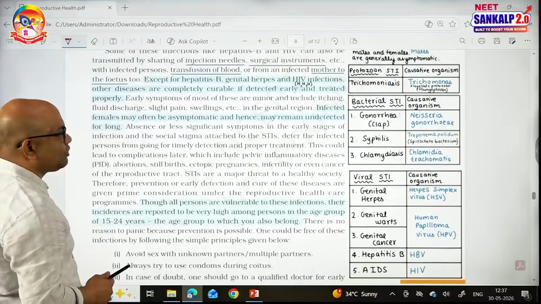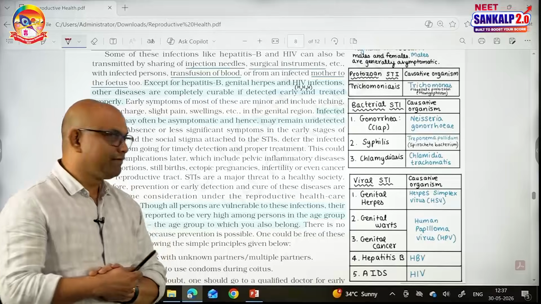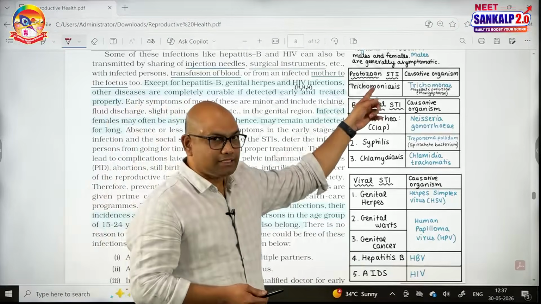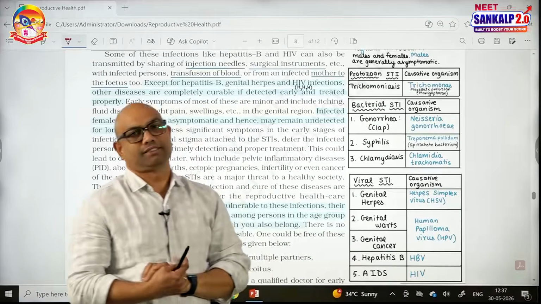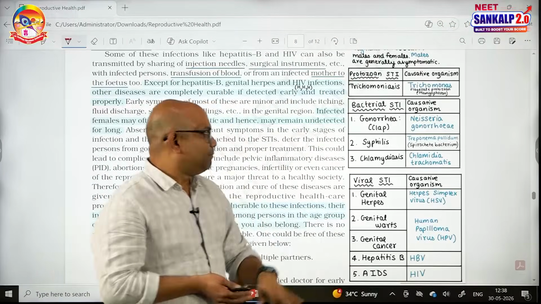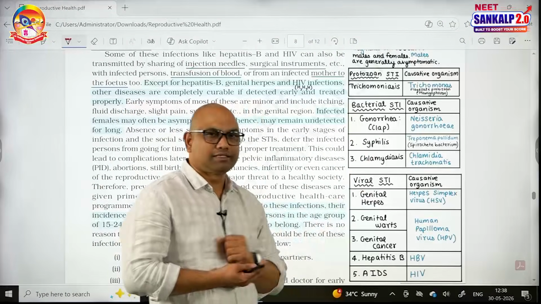So there are STDs caused by bacteria, by protozoans, and by viruses. See this list. Trichomoniasis is an STD caused by a protozoan called Trichomonas vaginalis. This is a protozoan STD. The bacterial STIs include gonorrhea, syphilis, chlamydiasis.